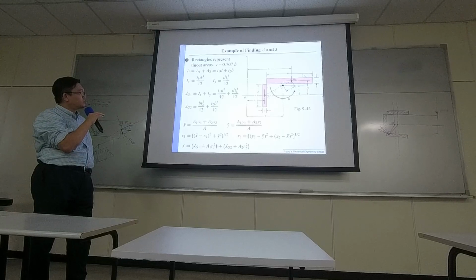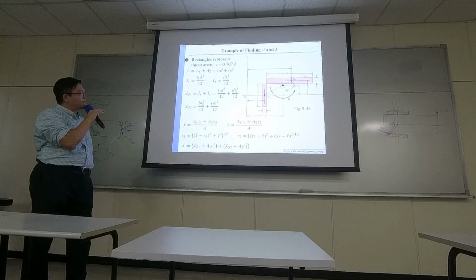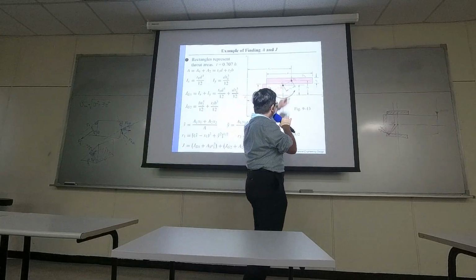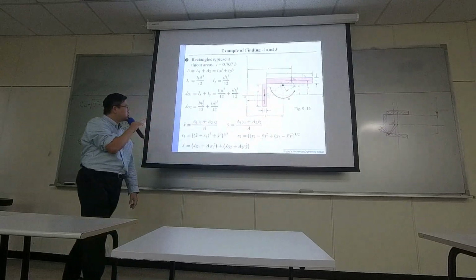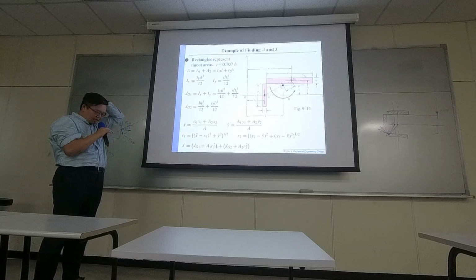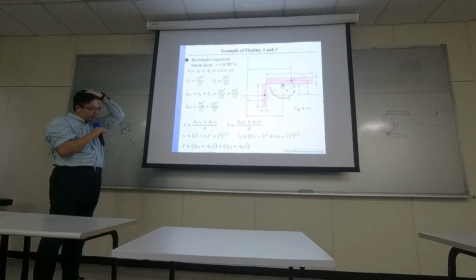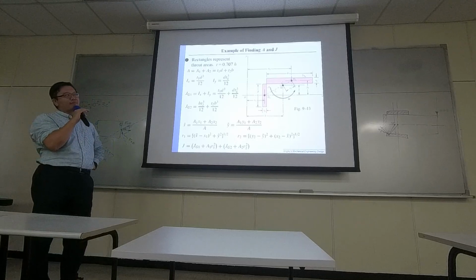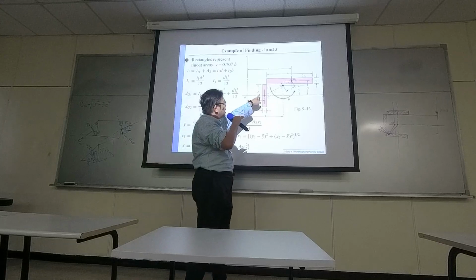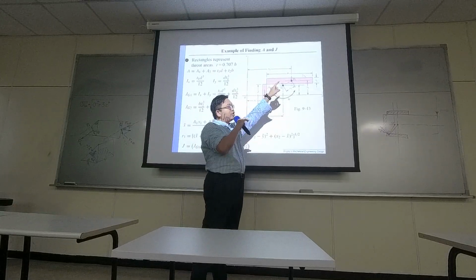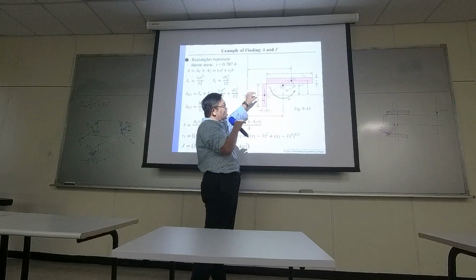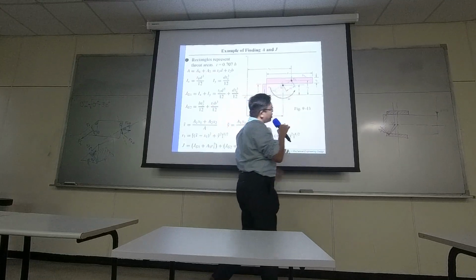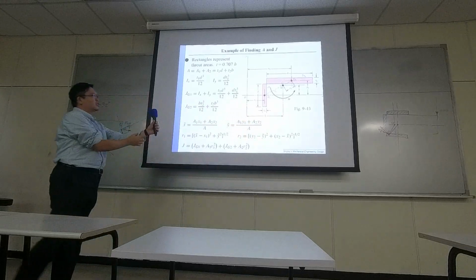What's next would be finding the position of G. You can imagine that is the center of gravity. And you can treat G1 and G2 as the center of gravity of two different pieces of materials.